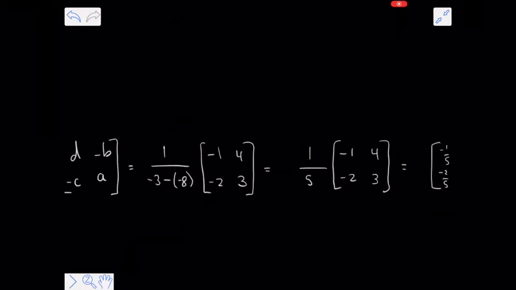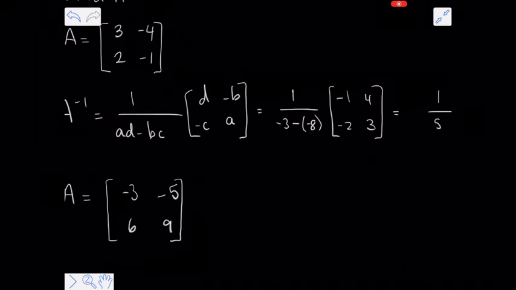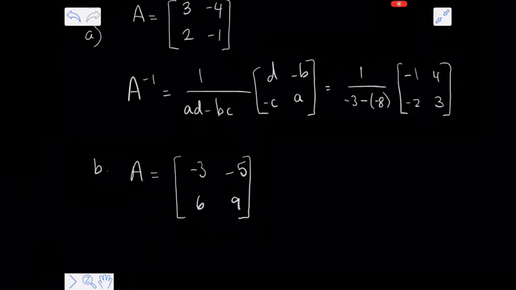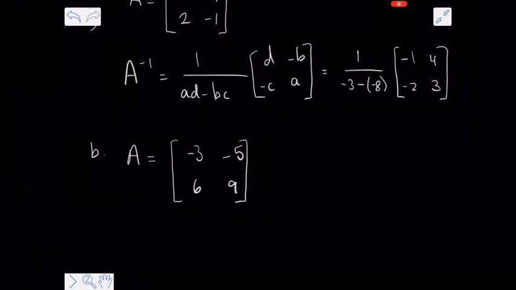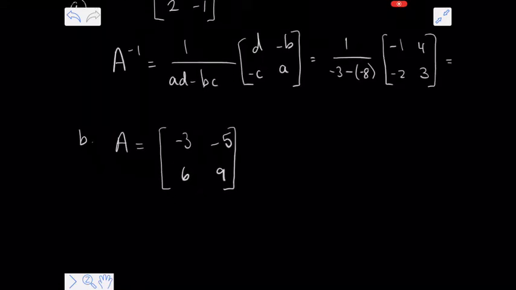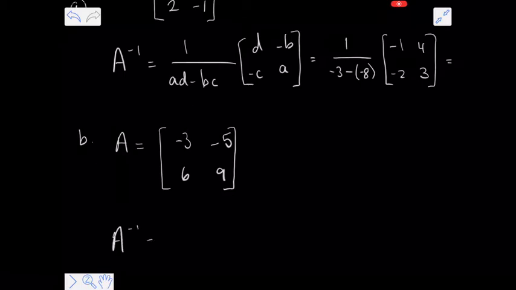Okay, so here's one. If you'll write that down and pause it, try it on your own. Find the inverse. Now, what hopefully you were able to get, first we find the scalar.